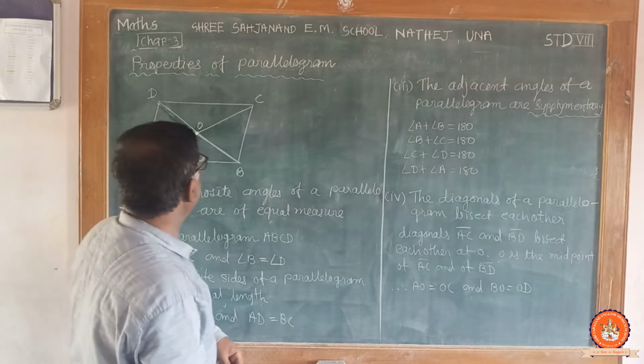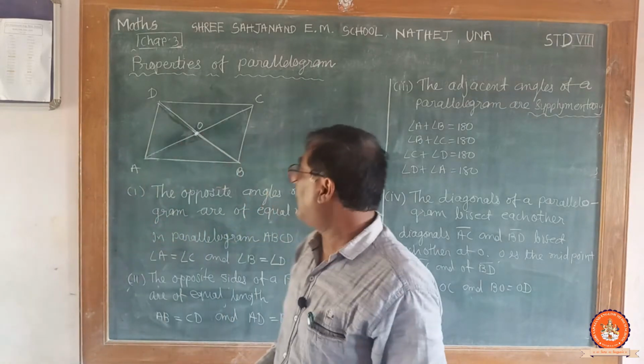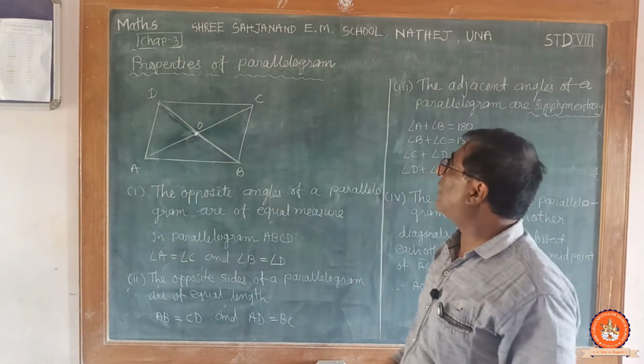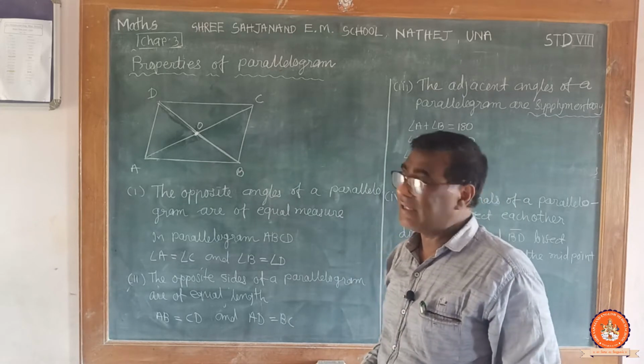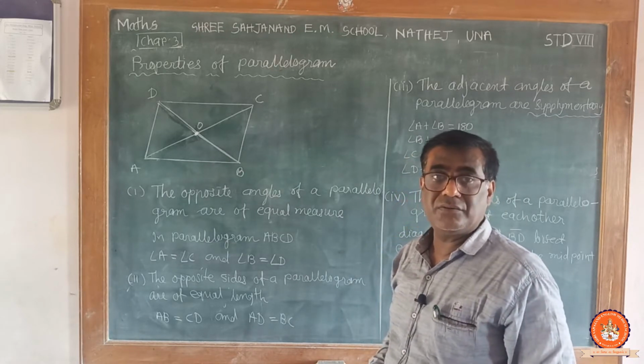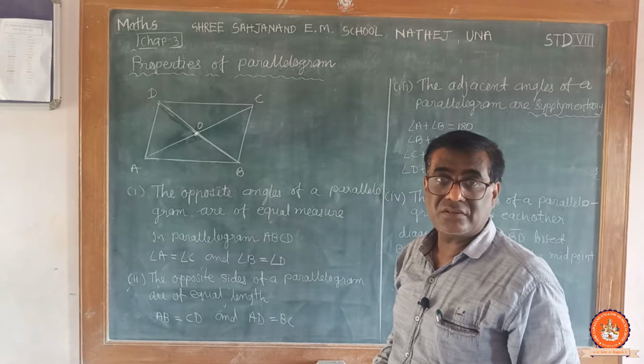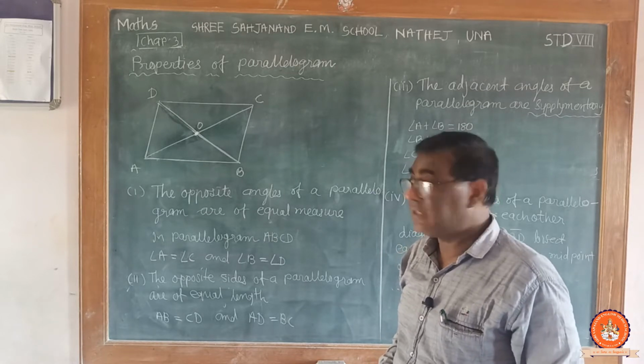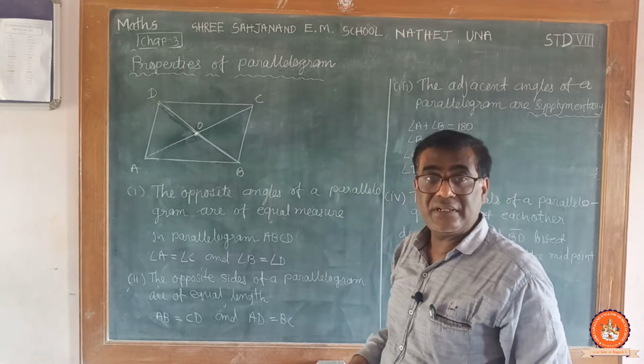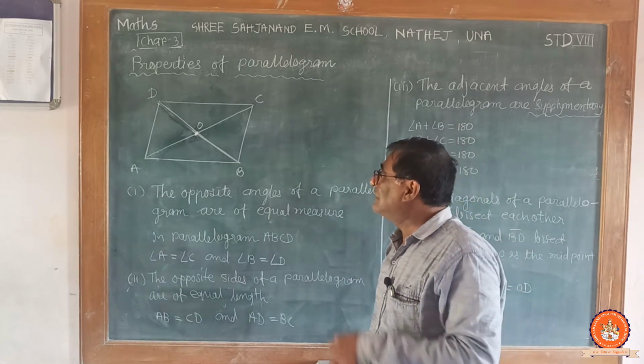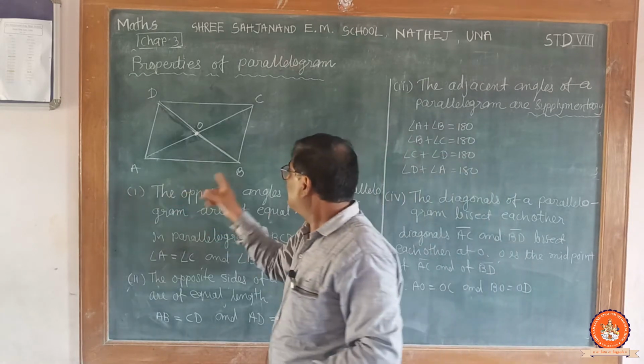Now, properties of parallelogram. We have to learn some properties of parallelogram and discuss them, and we have to solve some questions in exercise 3.3 related to these properties. See, this is parallelogram ABCD.